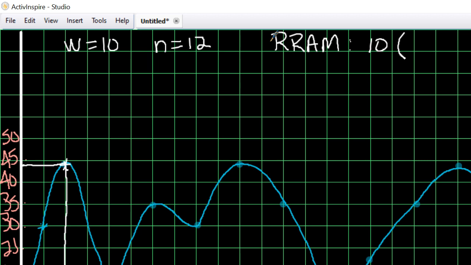We're going to do right and left, and then if we have time, we'll do midpoint. So from the right, that very first rectangle's height is 44.